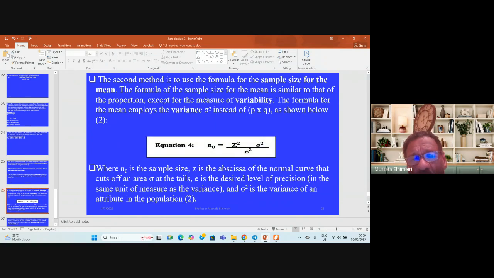And the second method is to use the formula for the sample size for the mean, and the formula for the sample size for the mean is similar to that of the proportion, except for the measure of variability. And the formula for the mean employs the variance instead of PQ as shown in the figure here, where n0 is the sample size, Z is the abscissa of the normal curve that cuts off an area at the tails, and e is the desired level of precision in the same unit of measure as the variance, and the variance of an attribute in the population.